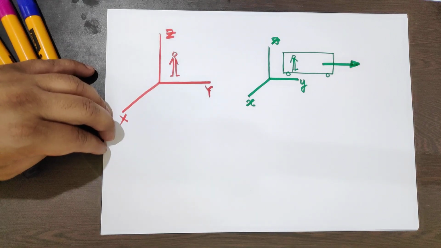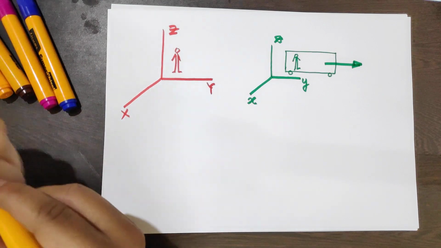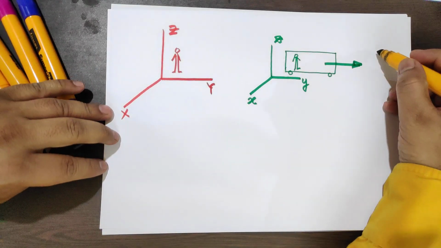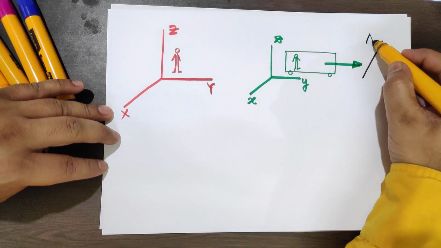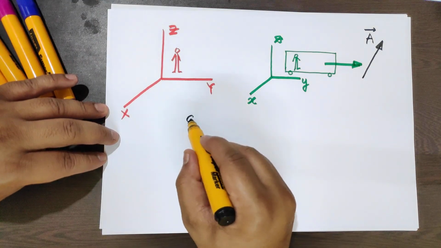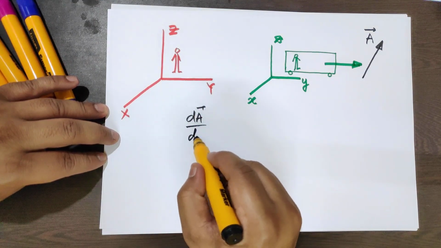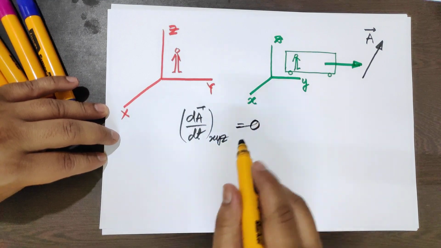Right. So now we have a vector A which is fixed in the frame small x, y, z. So obviously dA/dt with respect to small x, y, z is equal to 0.